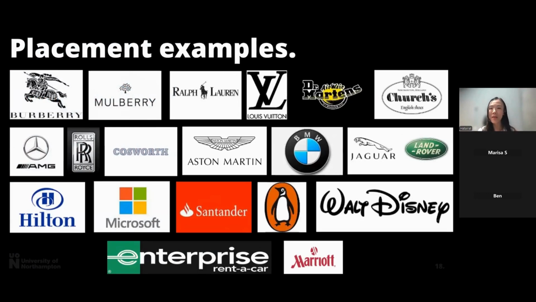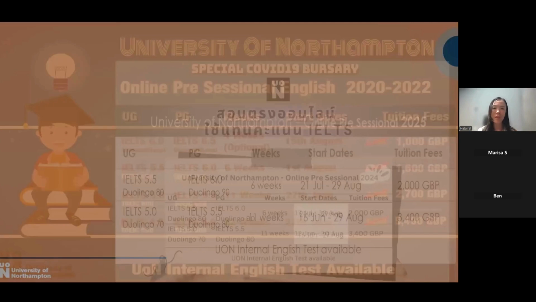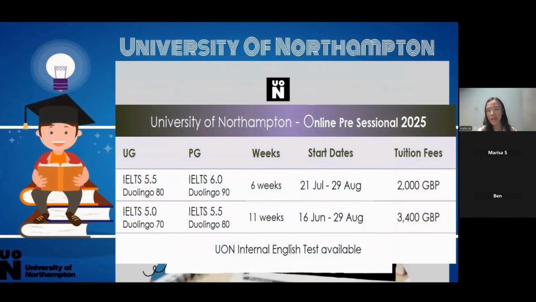These are placement examples where students can work in a high-brand company like this, or they can work with a startup business in Northamptonshire as well. We have a center that helps students or people to hatch new businesses as well. That will be a great opportunity for students who want to do something in the UK too.